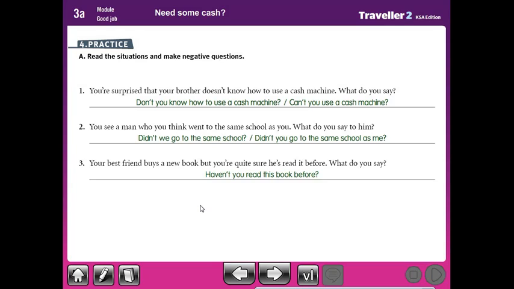The question here is in the present perfect because you are quite sure he has read it before. Haven't, not have not, short form of not.